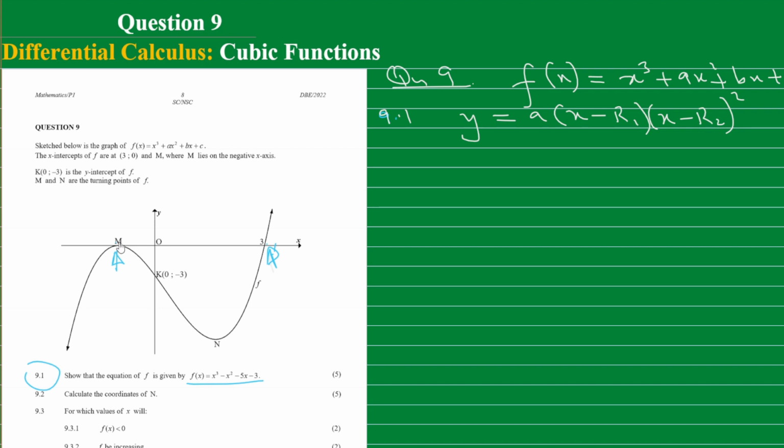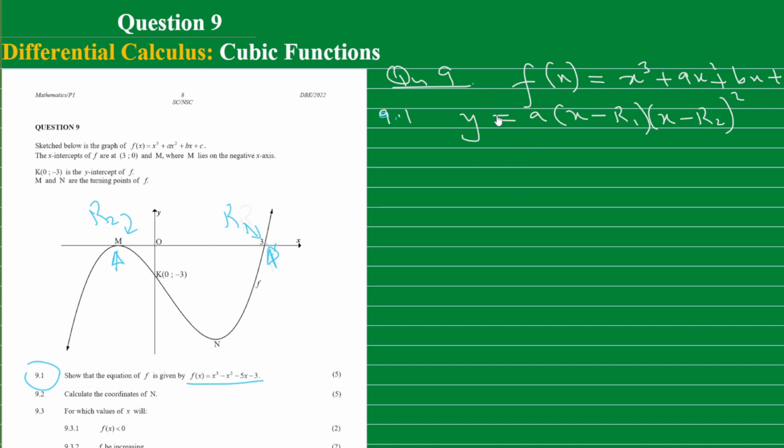If one of the intercepts is a turning point, that means one is a repeated root. That is our r1 over here, and that will be our r2.